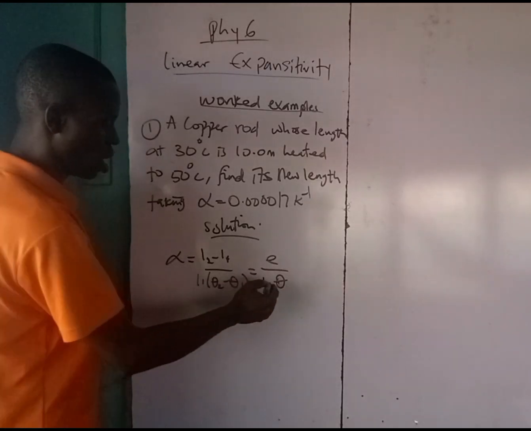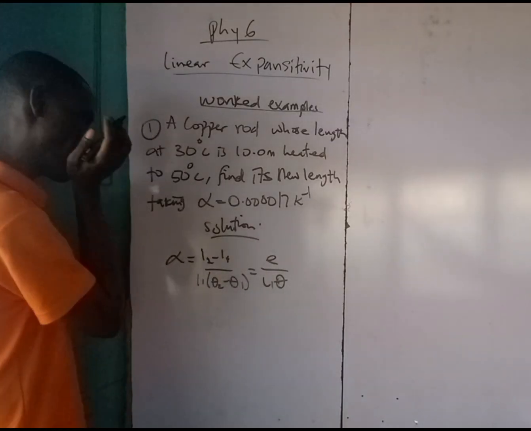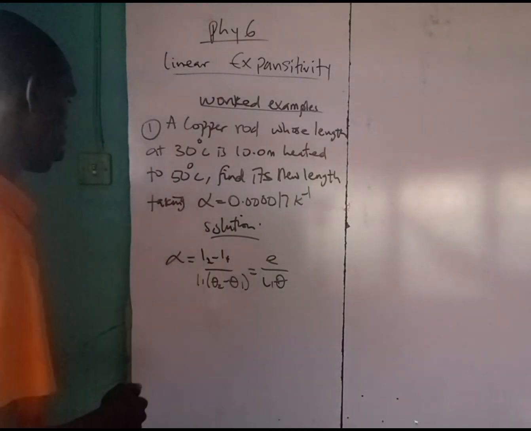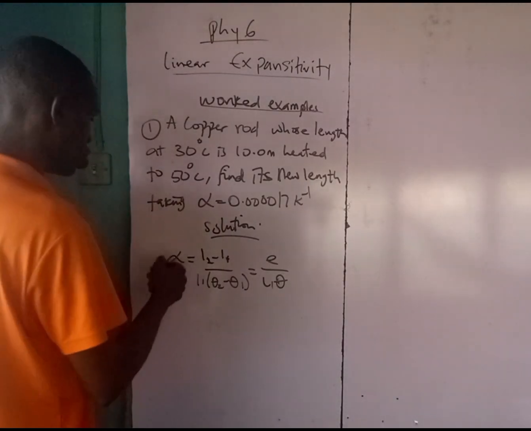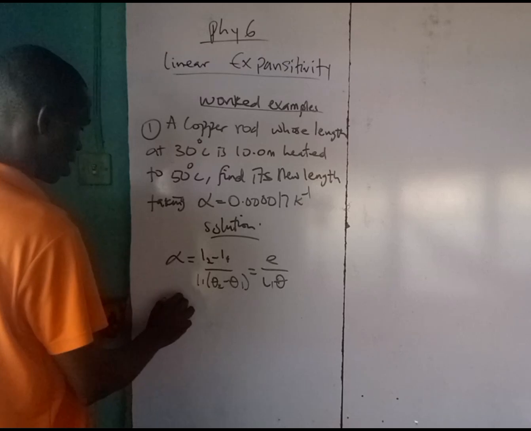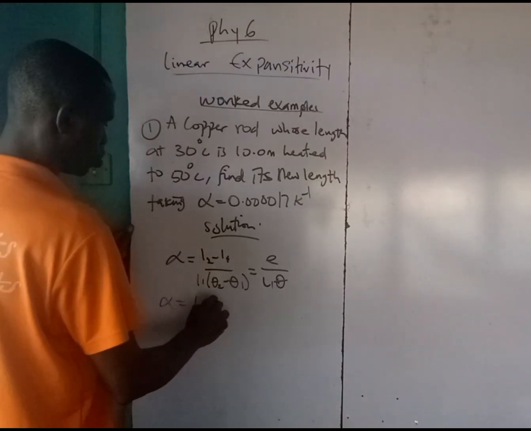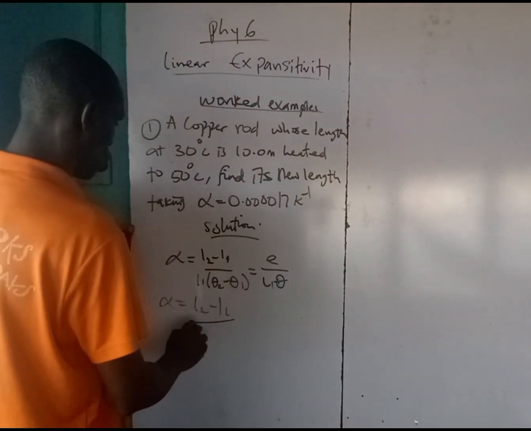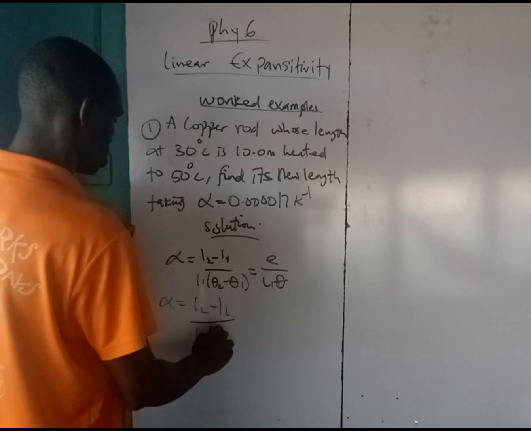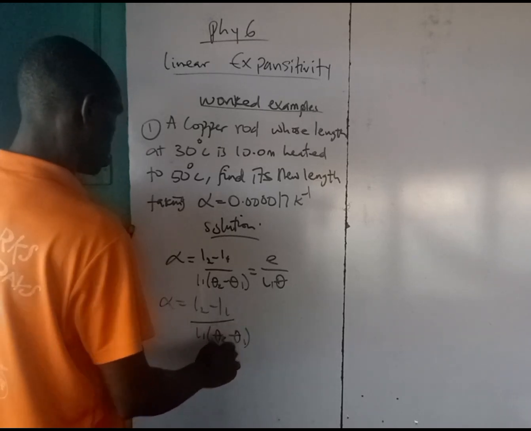Then this is L1. Okay, so now from here, of course we know we can have alpha equal to L2 minus L1 over L1 theta 2 minus theta 1, right?